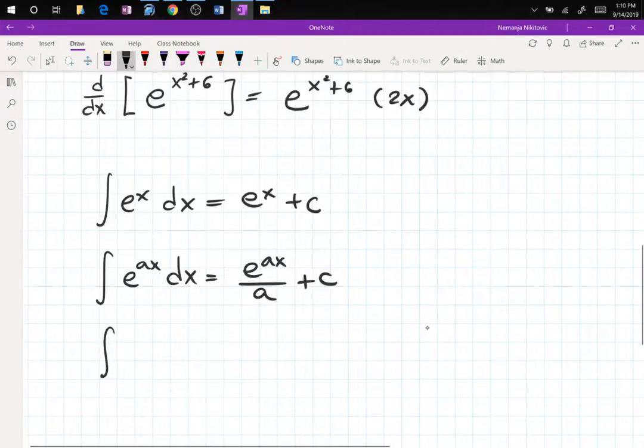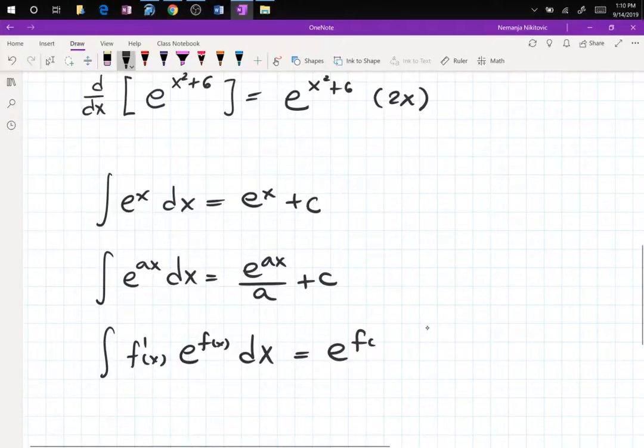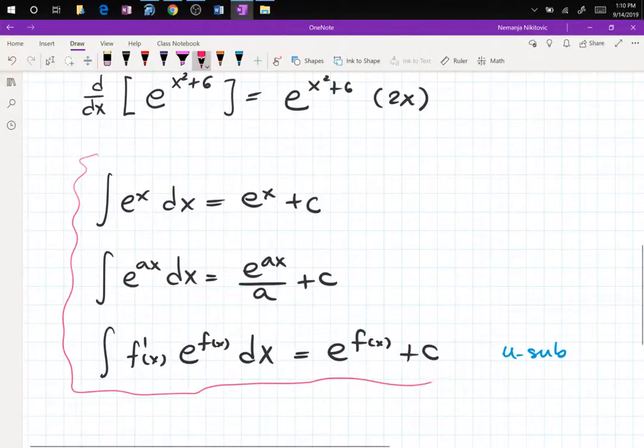And here, finally, the integral of f prime of x times e to the f of x dx is equal to e to the f of x plus c. And this one is hidden as the u sub, actually, because your u would be f of x and then du is f prime dx. So these are the integrals. We don't have to worry about the b one. These are the integrals for ease, and all of these were studied in Calculus 1.